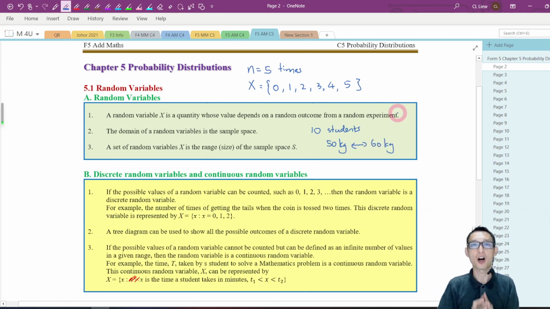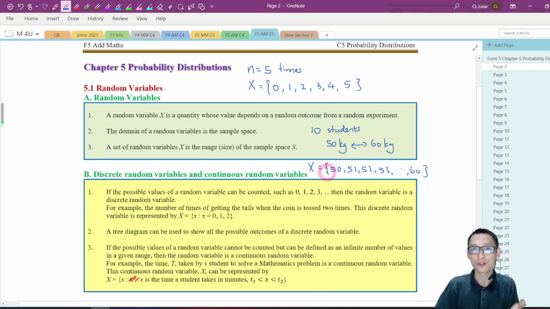So what is a possible random variable? Can I write this way? Let's say X is the body mass of the student. So can I write like 50, 51, 52, 53, and so on until 60? Is this correct? No, this is not correct, right?